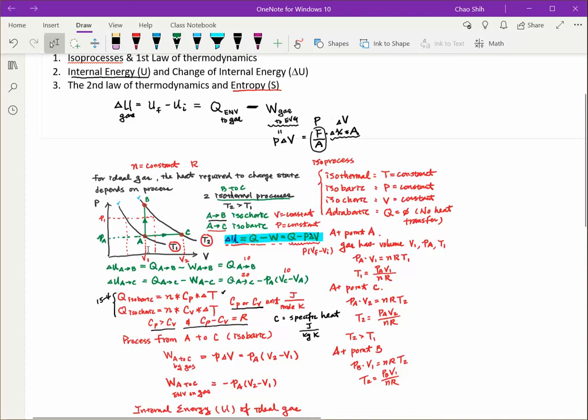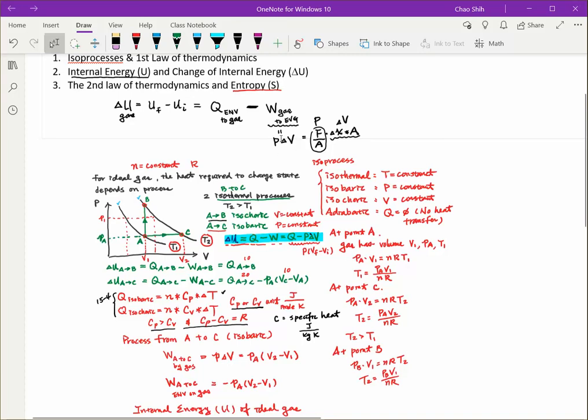So what kind of process is that? Volume is a constant, and that represents isochoric. So this is an isochoric process, and the volume is a fixed number. If we want to calculate work, what would the work be? Look at the equation: work is P times the change of volume.